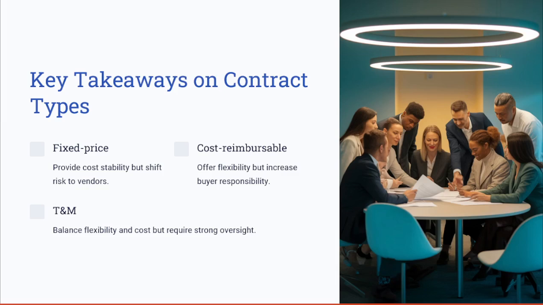And the cost reimbursable contracts allow for adjustment based on project needs but require strong financial governance. The time and material contracts offer the most flexibility but can lead to cost overruns if not managed properly. And by evaluating the project requirements, risk factors, and financial considerations, the project managers can select the contract types that best support the project success while mitigating the procurement risks.